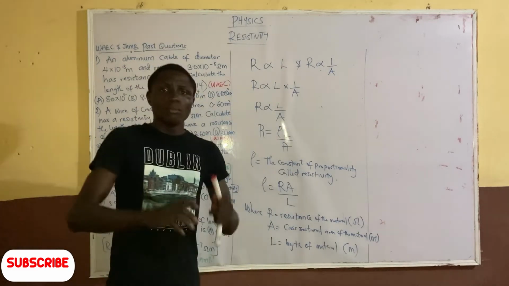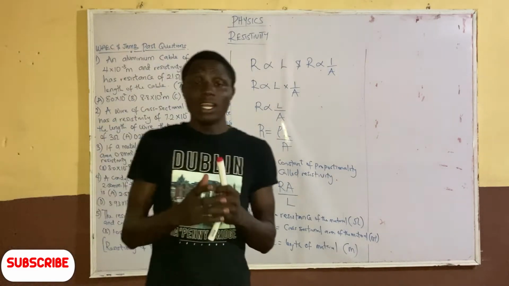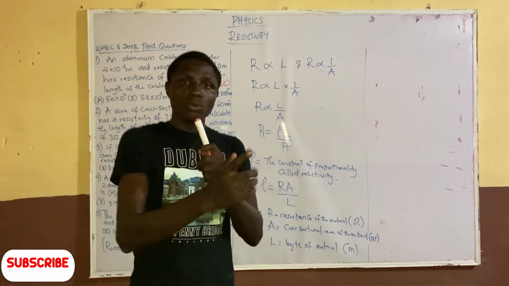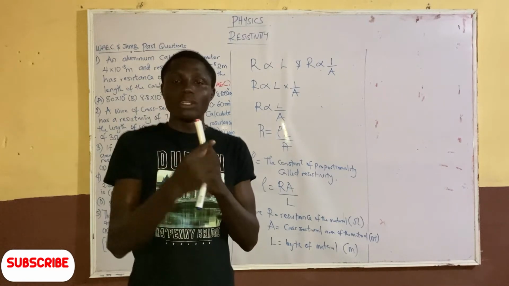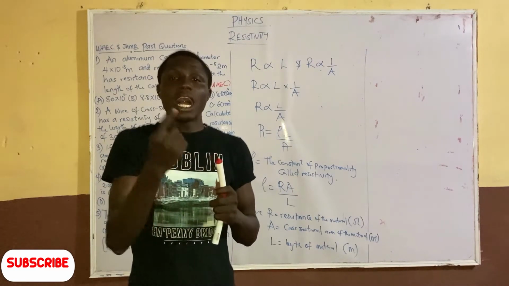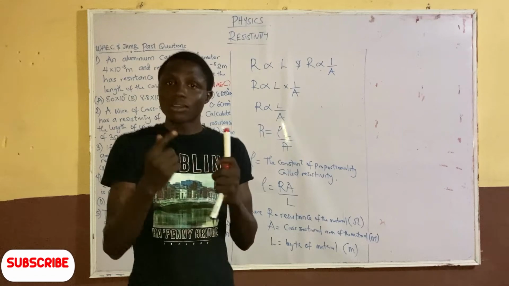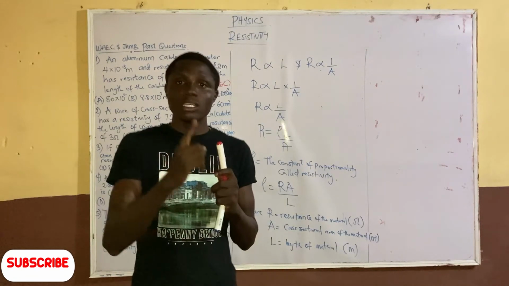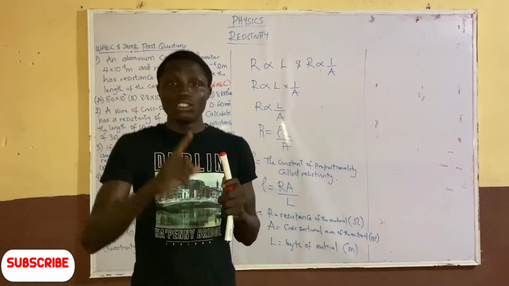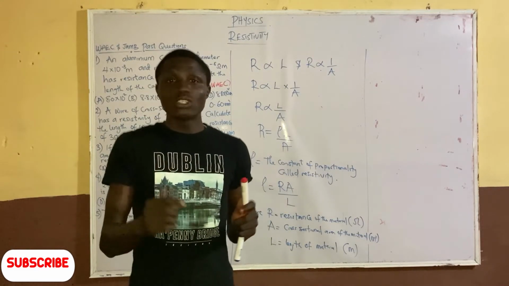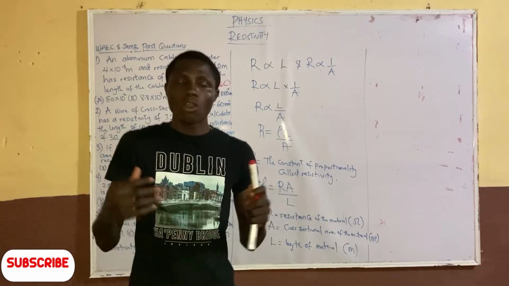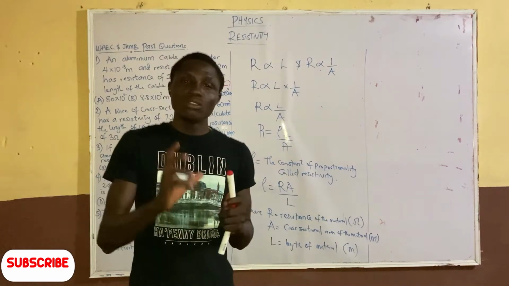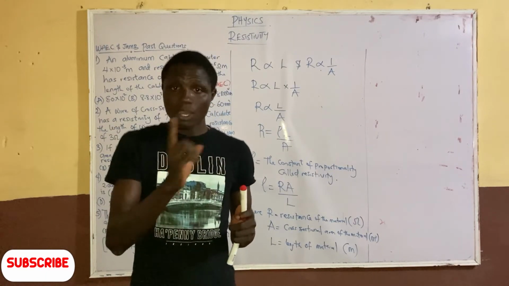Now, especially when you are talking about wire, the area of the wire is calculated by the shape of that wire. A wire is usually circular in shape, especially copper wire or aluminium wire. That's why the questions usually set by JAMB and WAEC are based on wire, because wire is circular in shape.